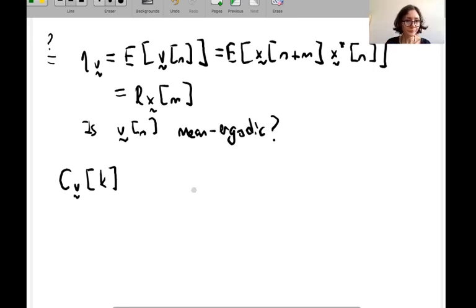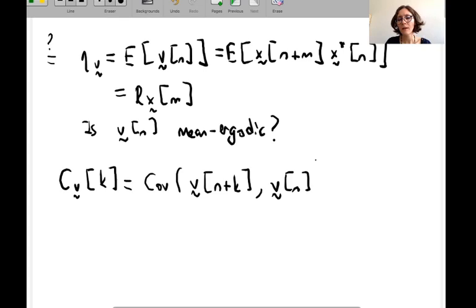But this is actually not quite difficult. So I will just provide an intuitive answer to that. This is, first of all, the covariance of two random variables. We look at V at n plus k, and now we look at V at n, and we're interested in nothing but the covariance of these two random variables, right?